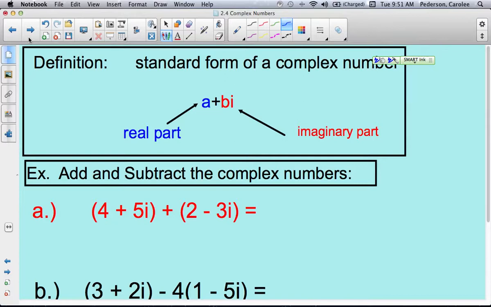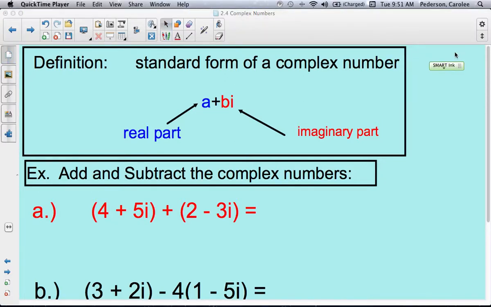All right, let's go on to standard form of complex numbers. Standard form of a complex number has a real part and then an imaginary part.